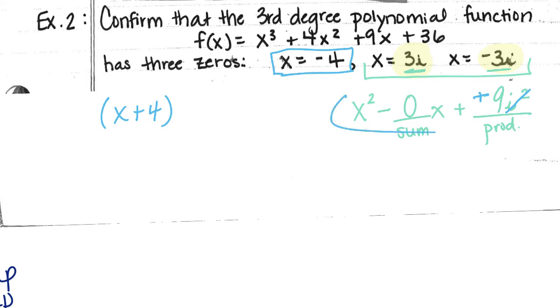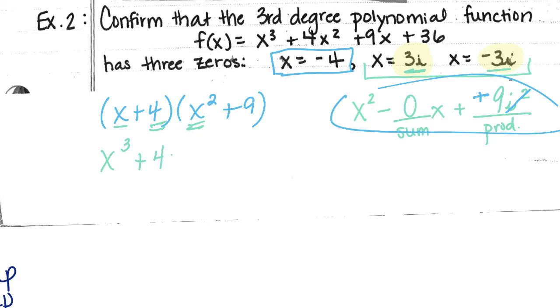I'm going to go ahead and multiply by what we just found, x squared plus 9. And we have to FOIL here. X times x squared is x cubed. I'm going to keep it in descending order. 4 times x squared is 4x squared. 9 and x is 9x. And my last terms are 36.